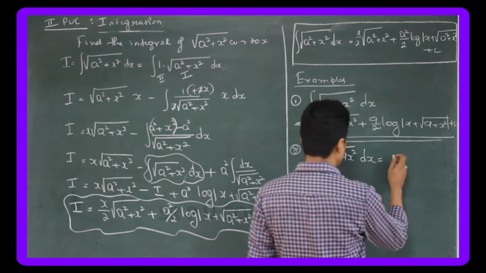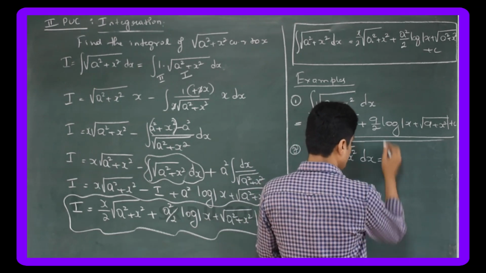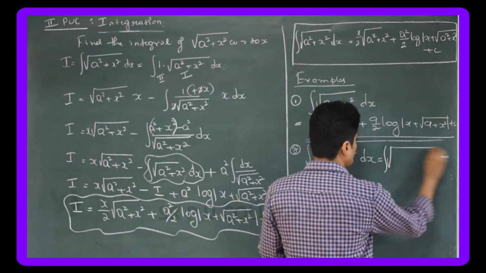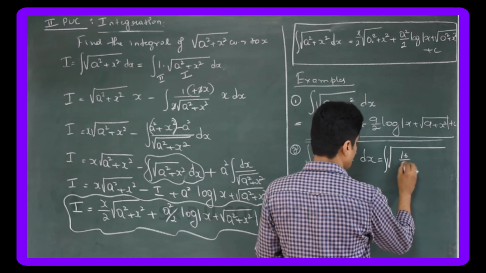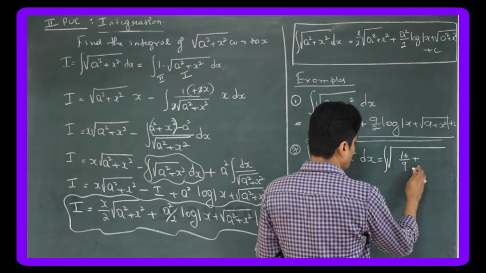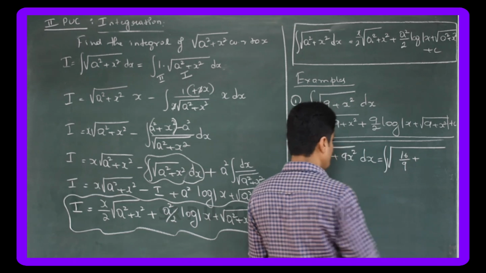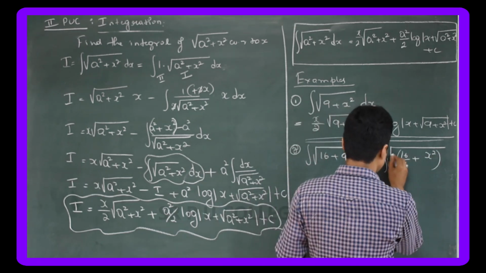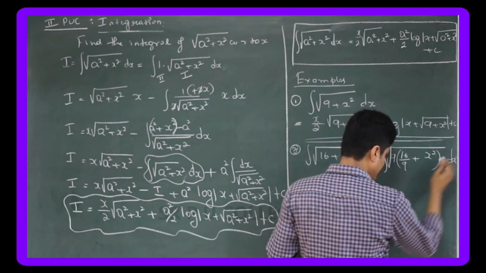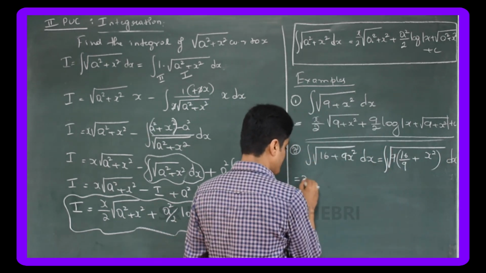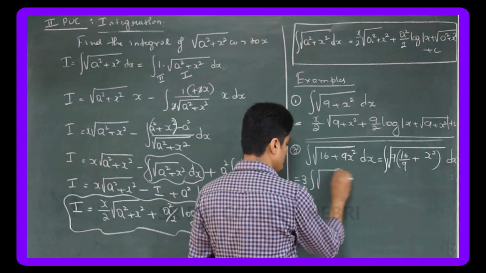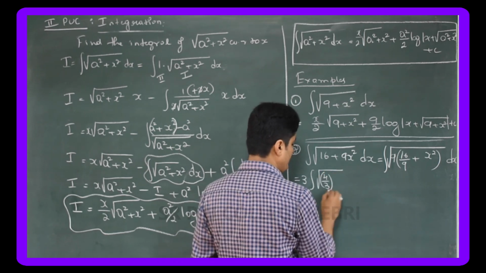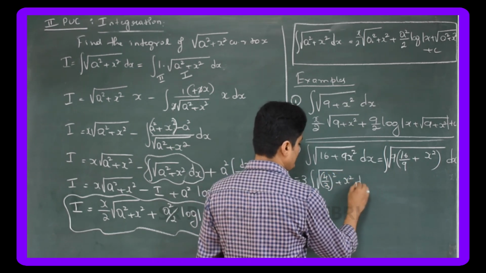How to do it? Take that term common. Keep it outside, and don't take it outside from the square root directly. So what we did: I took 9 outside, then taking 9 outside from the square root it becomes 3. So it is root of (4 by 3) whole square plus x square dx.